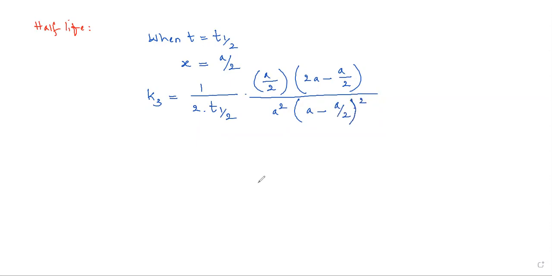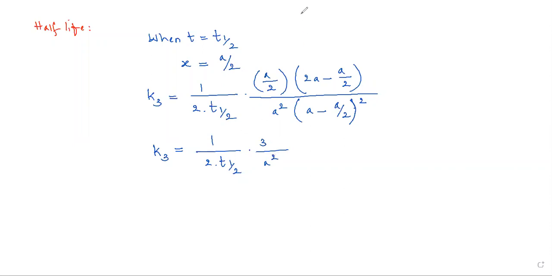Okay. So now simplify this. We get k3 is equal to 1 by 2t half into this, of course, has to be simplified, a by 2. Let me write the final expression as 3 by a square.